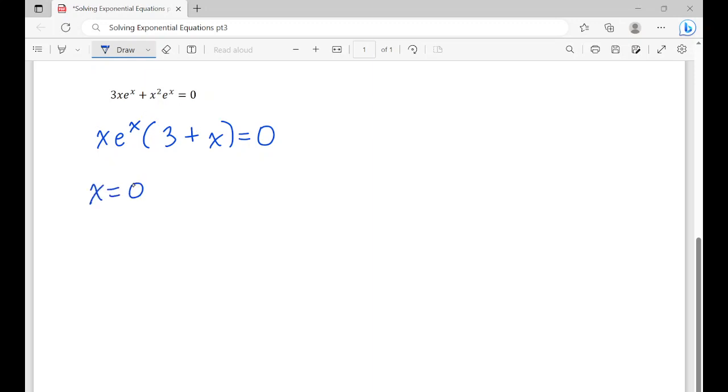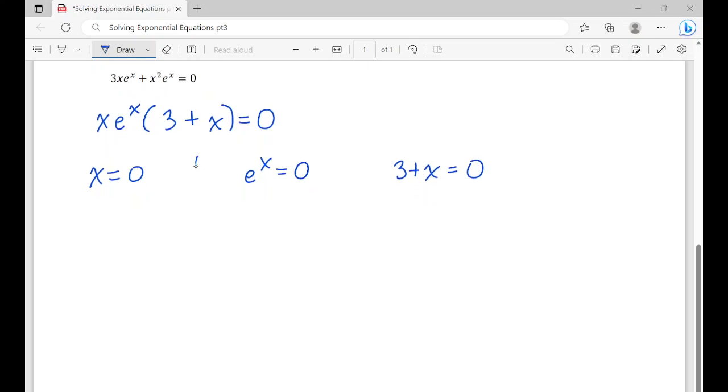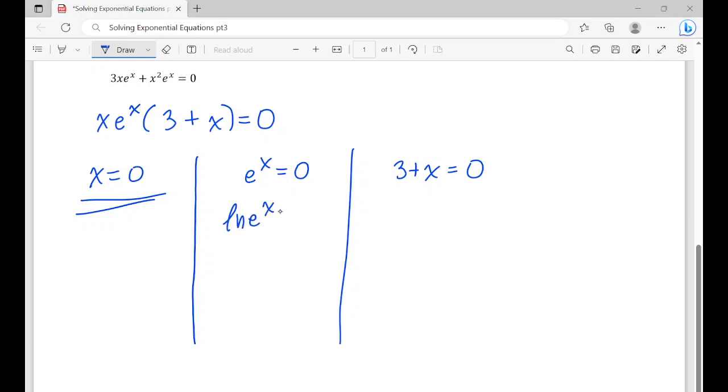So x equals 0, e^x equals 0, and 3 plus x equals 0. And now I can solve for all three of them. For the first one, it's already done. x equals 0, done and over with. Very easy. Second one, I've got to take the natural log of both sides. So ln e^x equals ln 0.